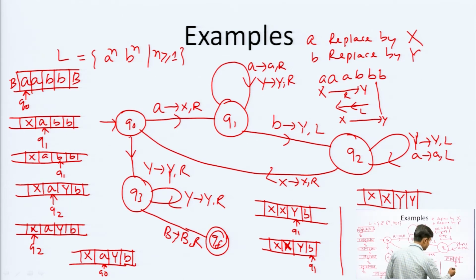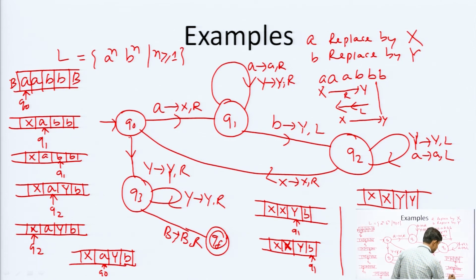So, like that, then again q 2 y you have to move, this is x, then y and this is q 2. When q 2 x, what you have to do? Q 2 x, it will go to q 0.